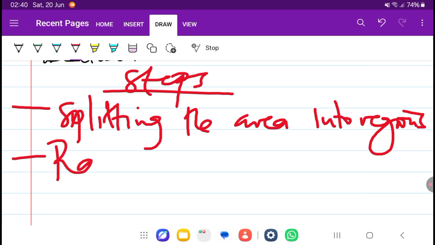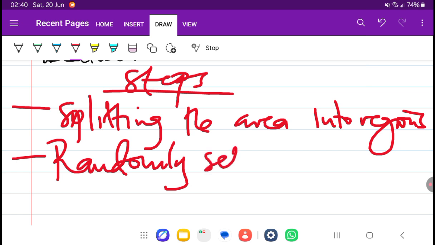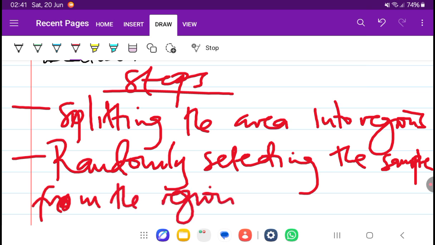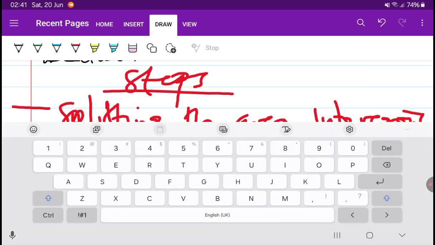Then you carry out randomly selecting the sample from the regions. You see, you pick the samples from those regions that you have created.